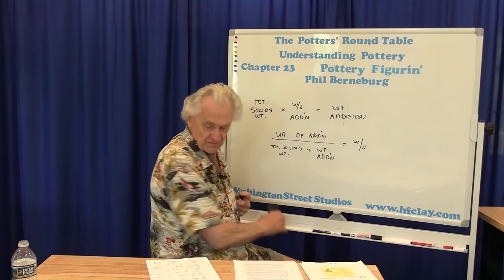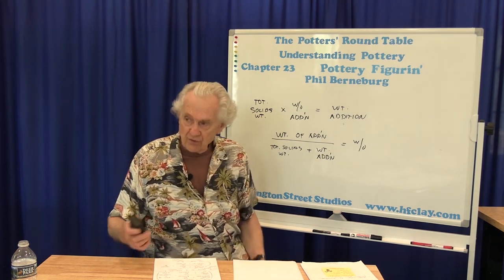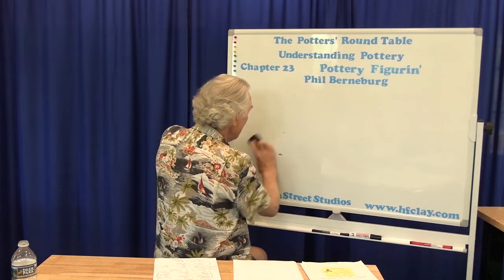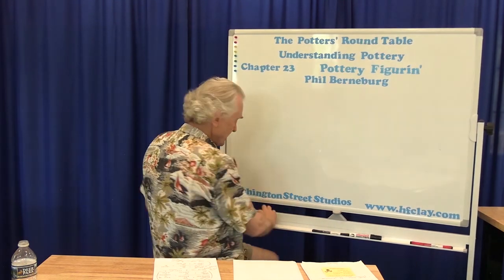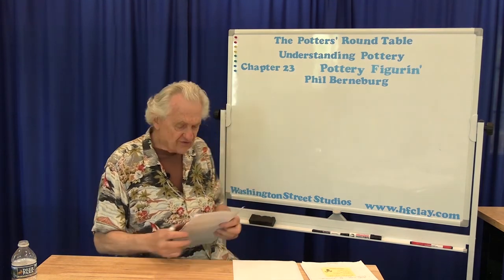Now, suppose I want to add, that was a new ingredient that wasn't in the glaze. Suppose I want to add more of an ingredient that's already in the glaze, so that I know what the recipe is for the glaze, and I want to add more of it. So I'll do the same thing.